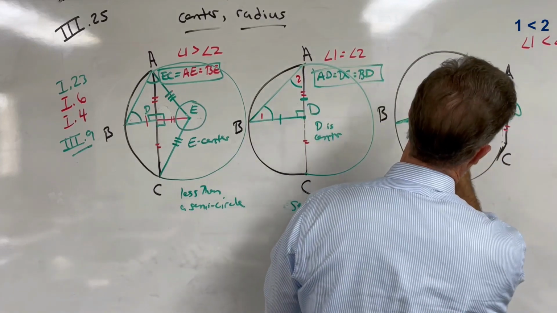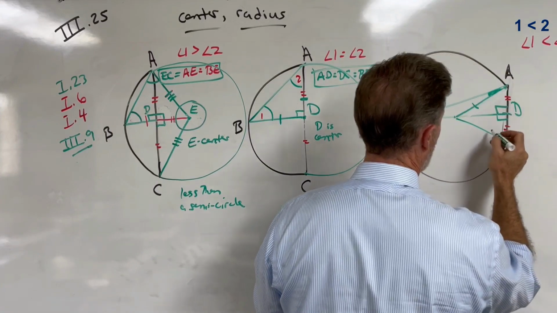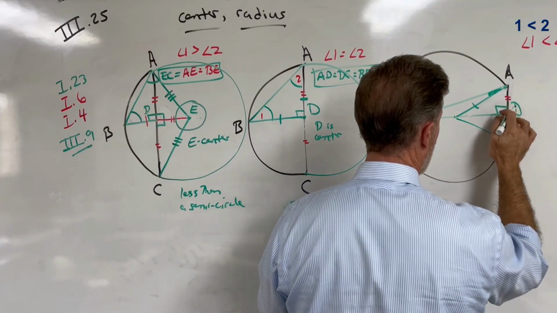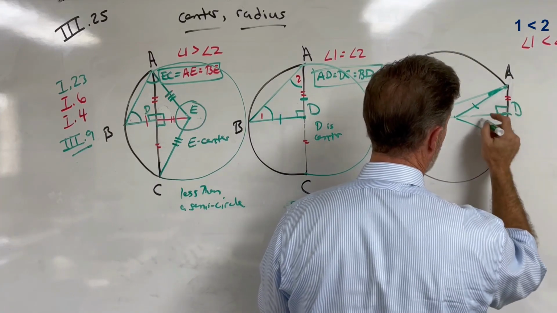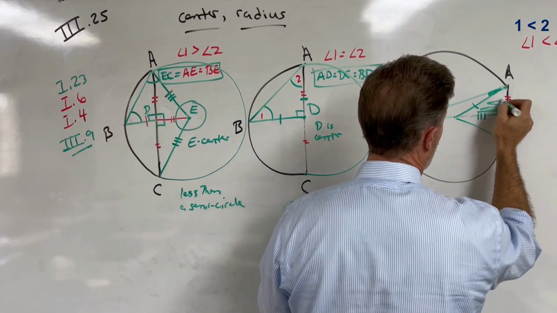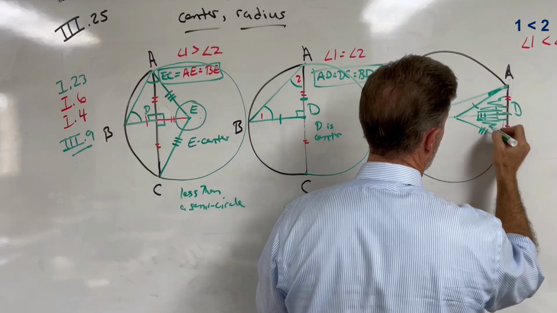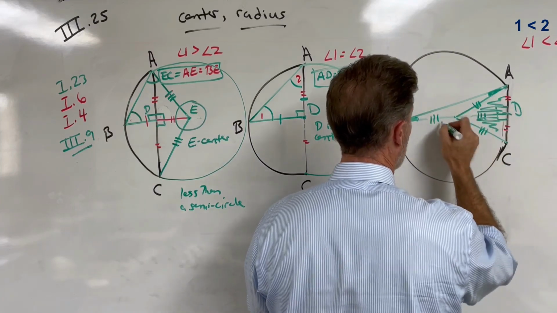And now we can look at this figure, and we already know that these are right angles. This side is equal to this side, and this side here is in common. Therefore, this triangle is equal to this triangle, and in particular, this is equal to this, which is equal to this.